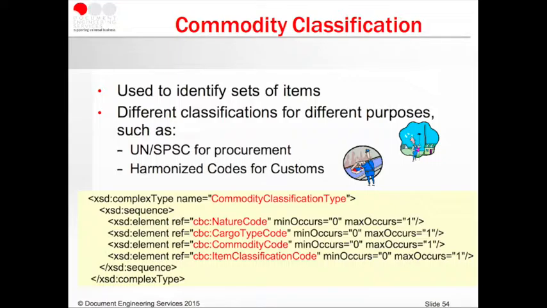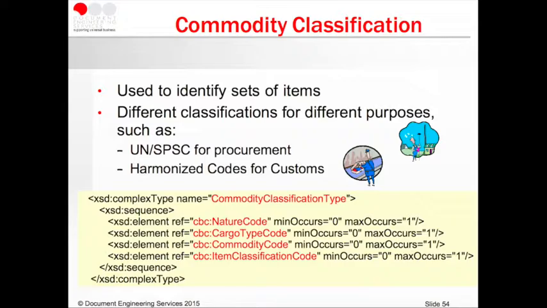So in a cross-border regulatory sense, many customs agencies, or all customs agencies, use what's called the harmonized code system for identifying the products for security and duty reasons. We've already seen an example of a code known as UNSPSC for procurement items.